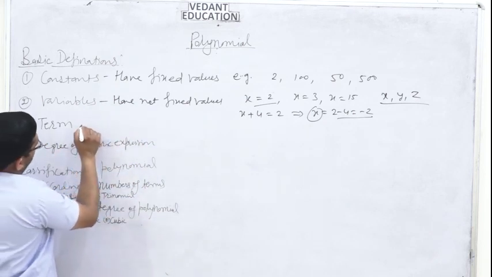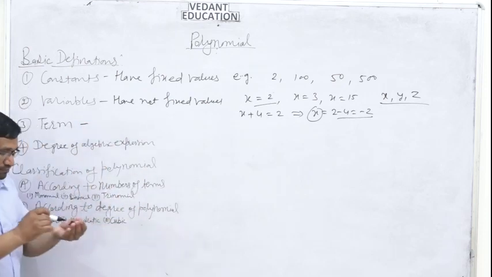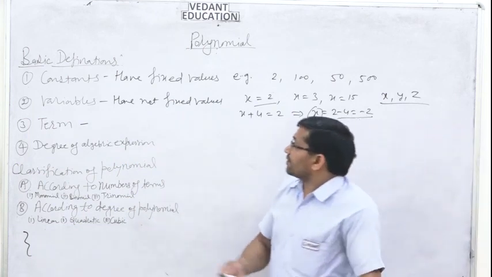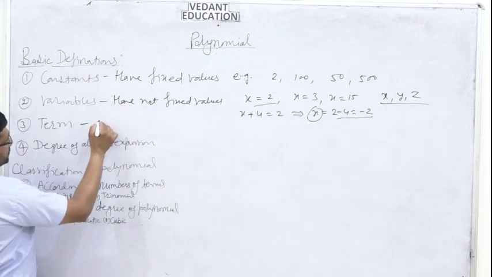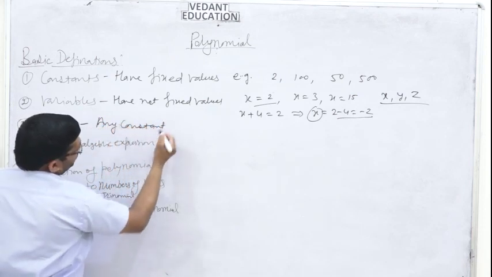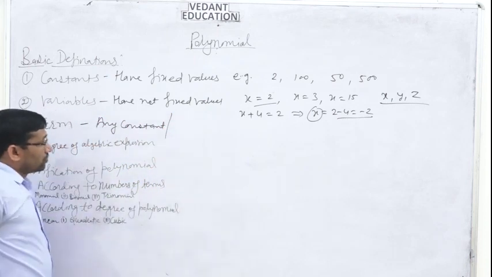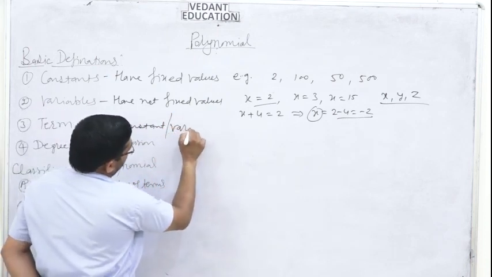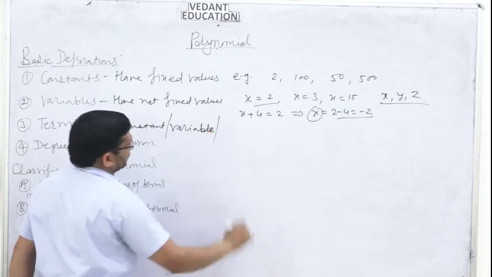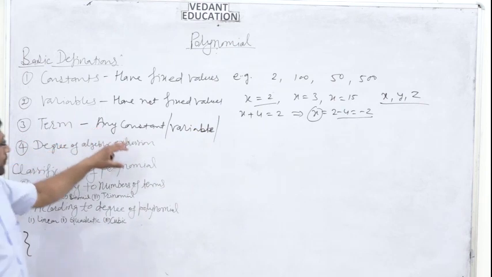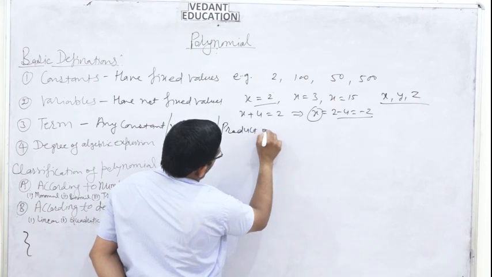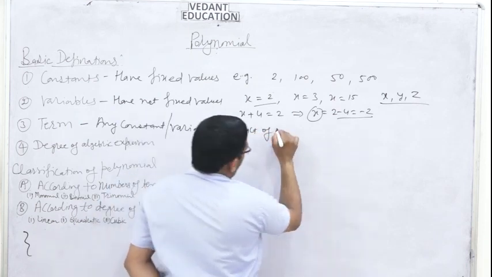Then next is term. Term is any constant, or variable, or maybe product of variable and constant.